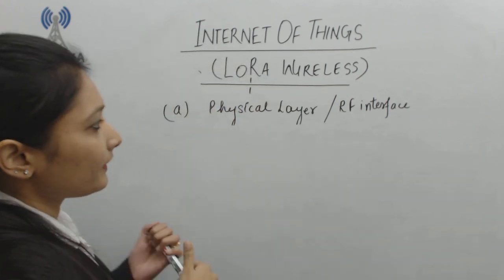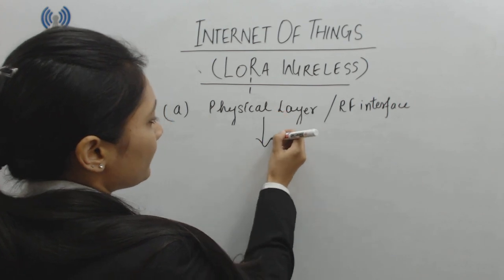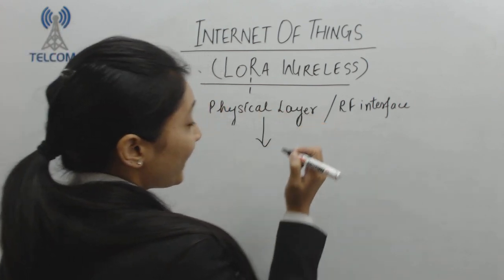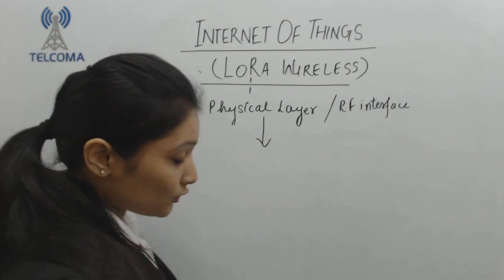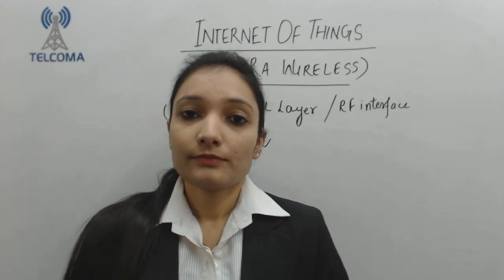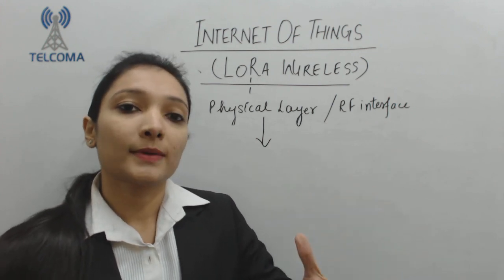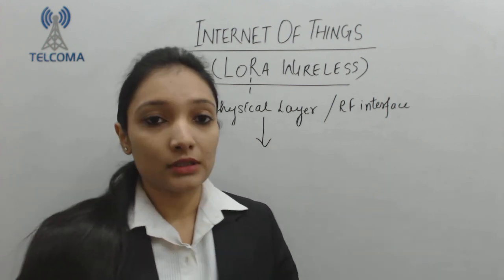If we talk about the physical layer, for any network it is the layer which deals with the actual transmission of data. That means the layer which makes direct contact with the outside world.